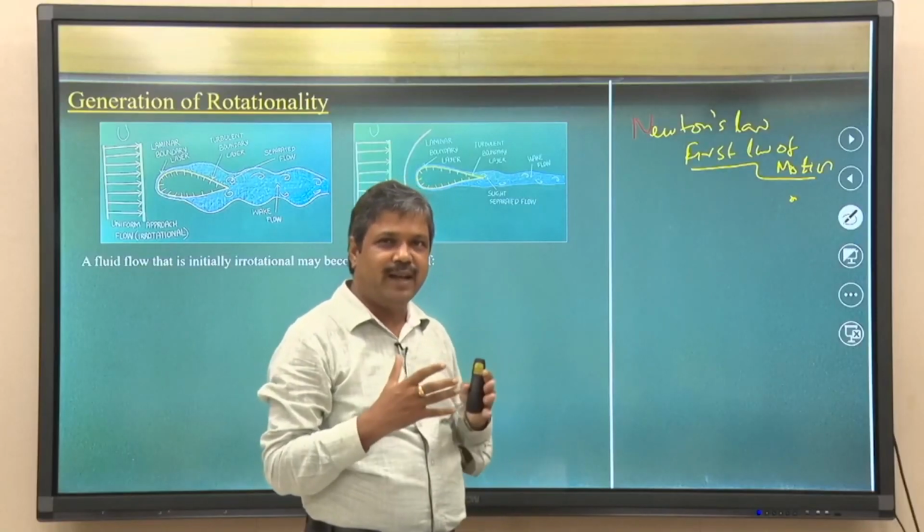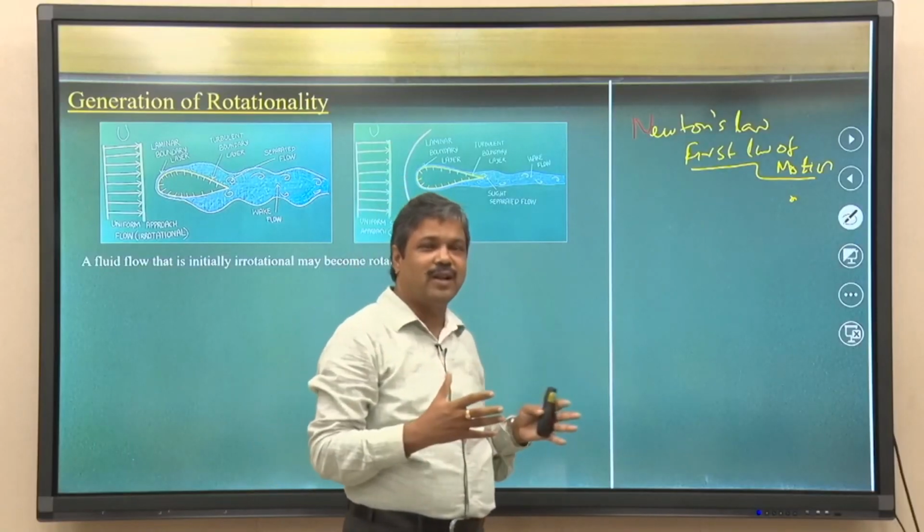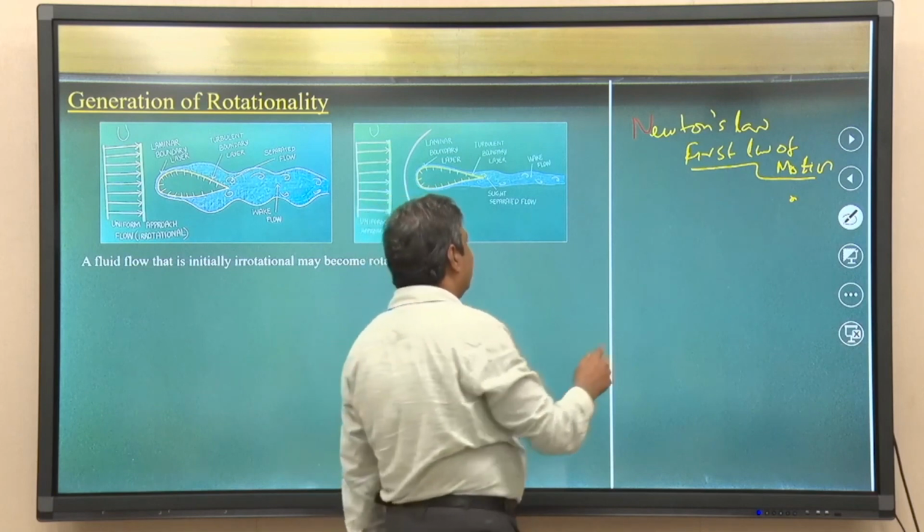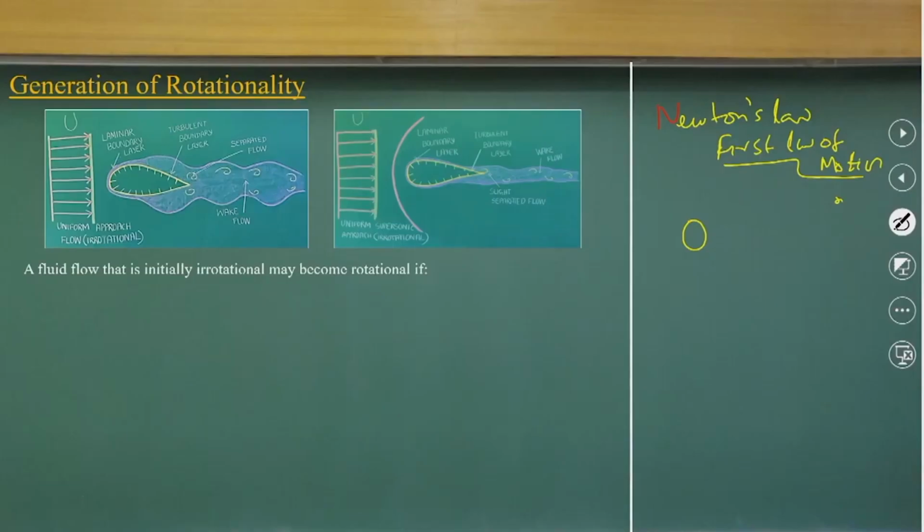Again, let me repeat it: if a body is moving with a uniform velocity, it will move in a straight line unless an external unbalanced force acts on it. The same concept is here.